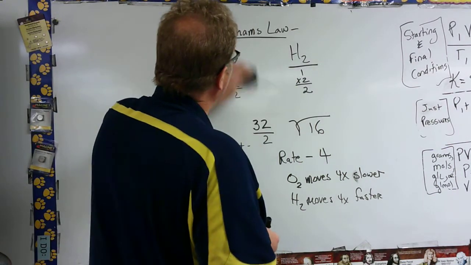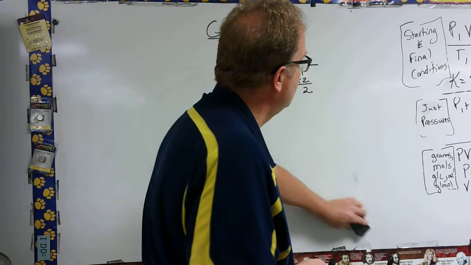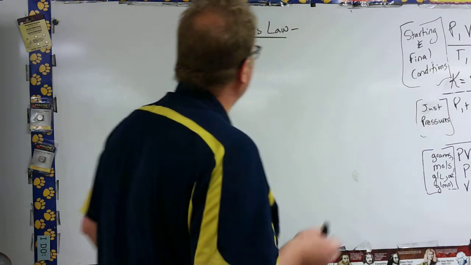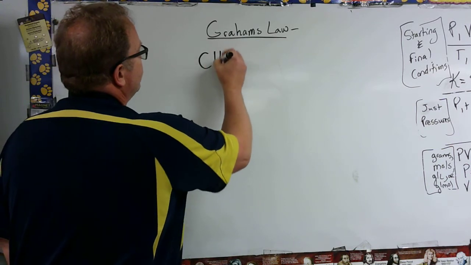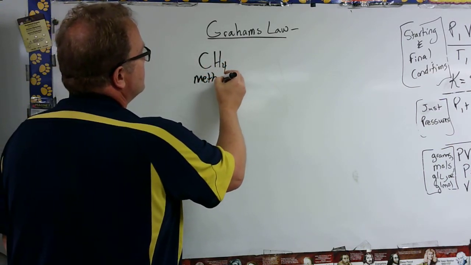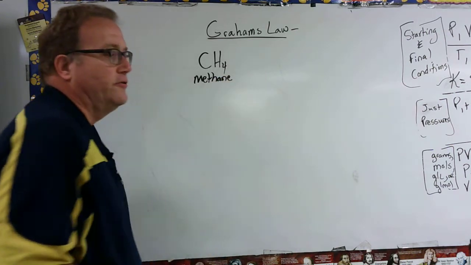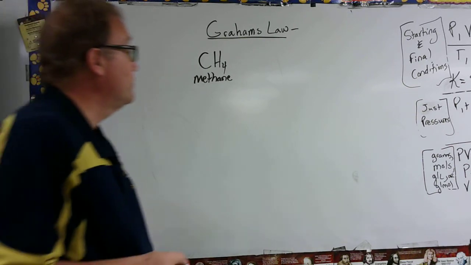Let's go ahead and do one more. We have our fun part usually in classes where you compare CH4, which is called methane. So when you are going to the bathroom or passing gas, that is what methane is.